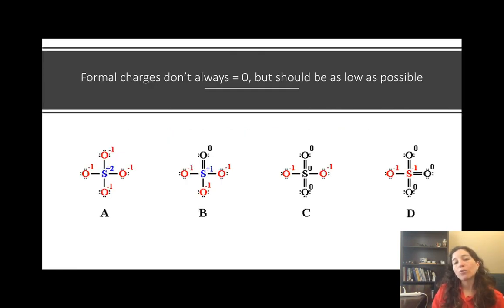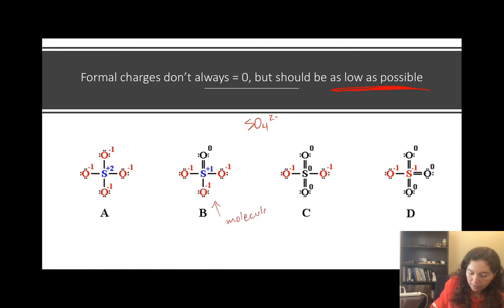So formal charges on atoms don't always all equal 0. We want to try to get them to 0 if we can, but sometimes that's not always possible. So the general idea is for formal charges to be as low as you can get them, and that's going to be the best structure. So here's an example of SO4 2 minus. This is a polyatomic ion that we learned about, but this structure is a molecular compound that is within an ionic compound, so that's really confusing.